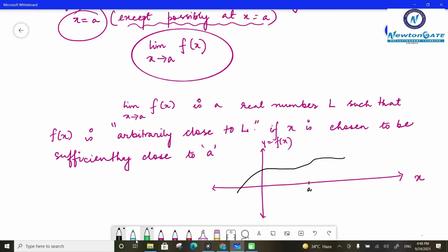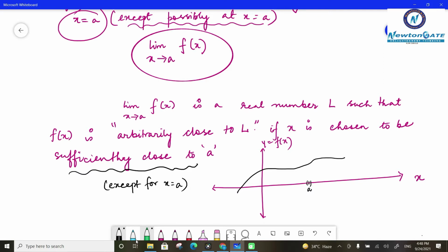I am taking a very small interval, almost negligible, because as I have said, x has to be sufficiently close to a, except for the point x equal to a. I am not considering exactly the point a. I am considering a small neighborhood near the value x equal to a.